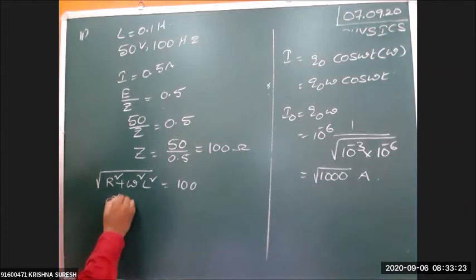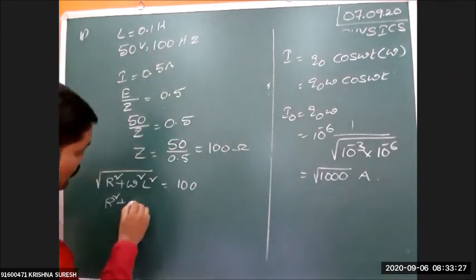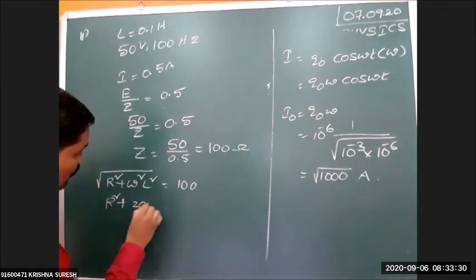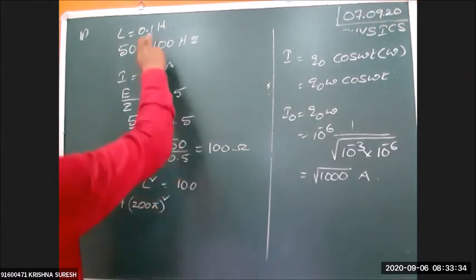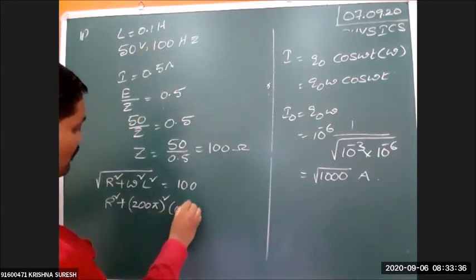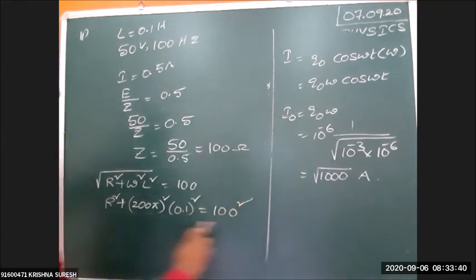R square plus omega, which can be written as 2 pi into 100, that is 200 pi. So 200 pi whole square, and L value, that is 0.1, whole square, is equal to 100 square. Then if you simplify, you will get R is equal to 78 ohms.